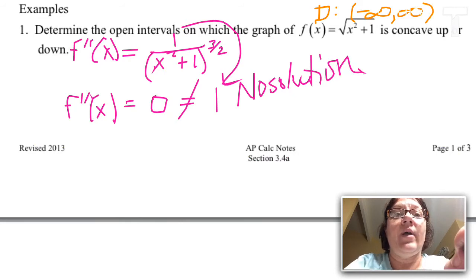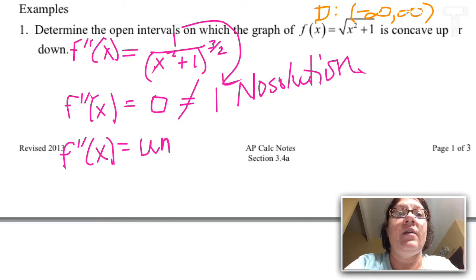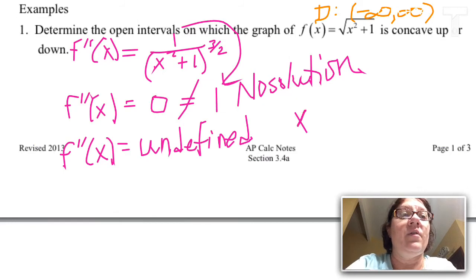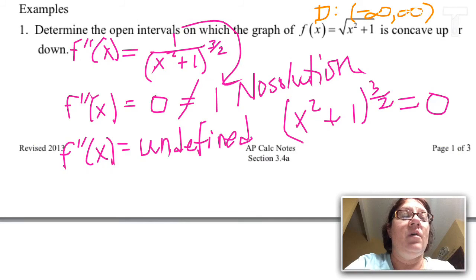And then I check to see when is it undefined. Well, it'll be undefined, of course, if the bottom is 0. But let's think about this for a second. So when would that bottom ever be 0? Well, even without going through the whole process of raising to the 2/3 and subtracting 1, any number that I put in for x, the minute I square it, what's going to happen?